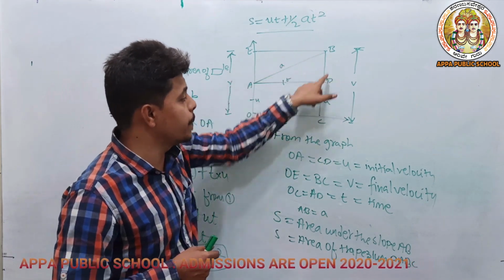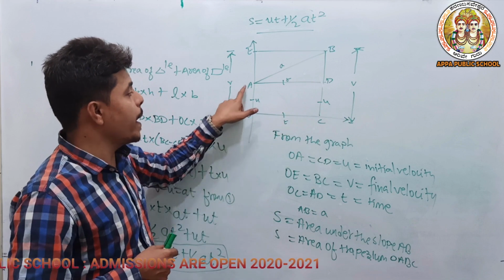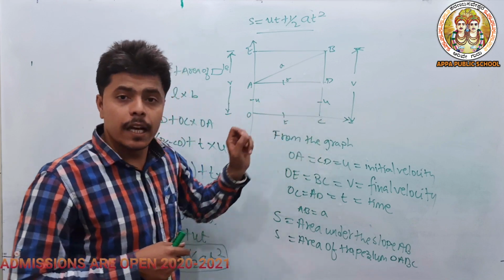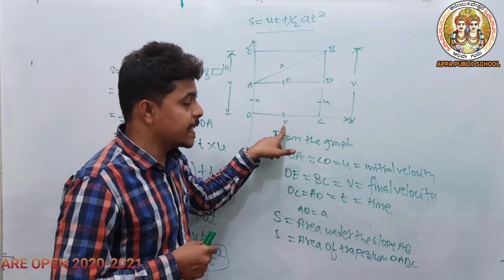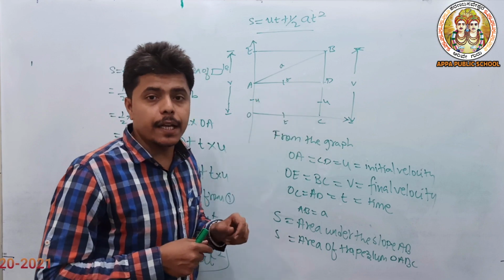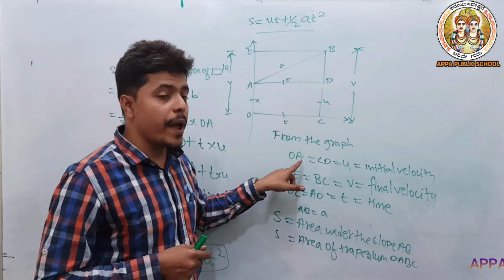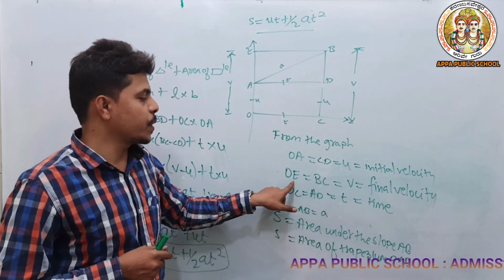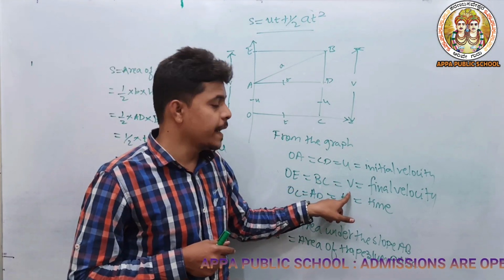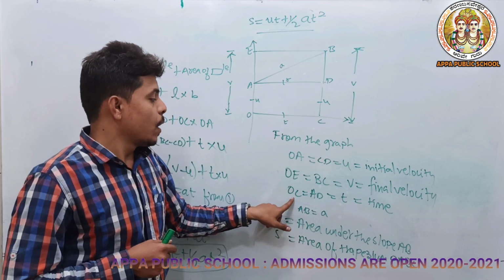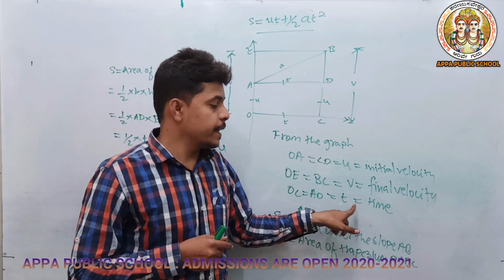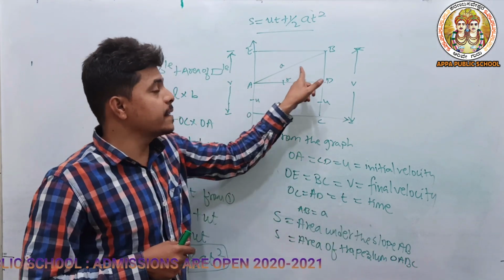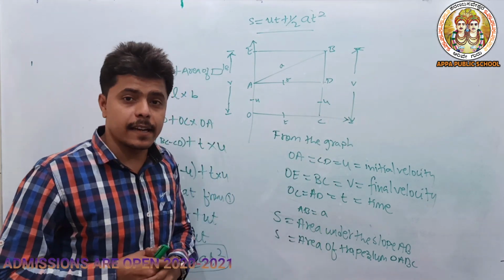From the graph, OA is equal to CD is equal to U, the initial velocity. OE is equal to BC is equal to V, the final velocity. OC is equal to AD is equal to T, the time taken. AB is the slope line, that is acceleration.